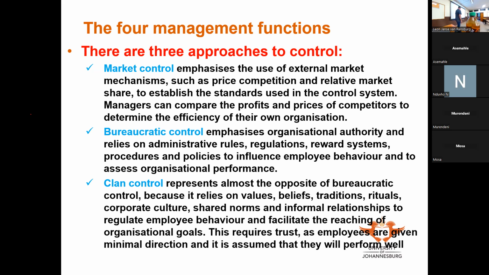This is critical, what I'm saying. There are large companies running today that don't even know how much it costs them to manufacture a product or service. This is costing and estimating. Did any of you do that? Costing and estimating?